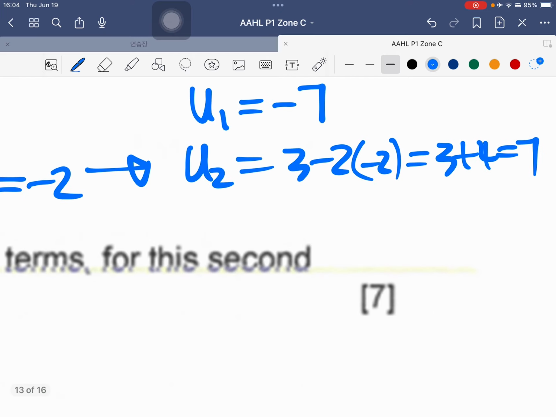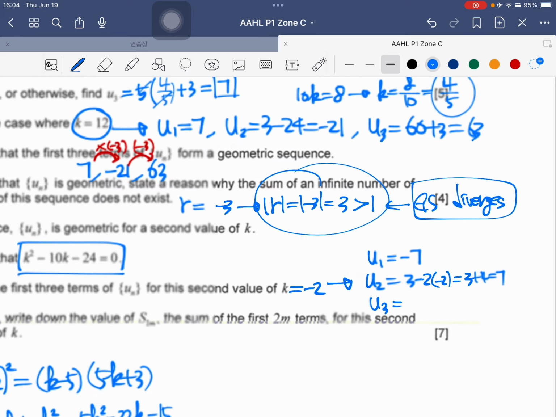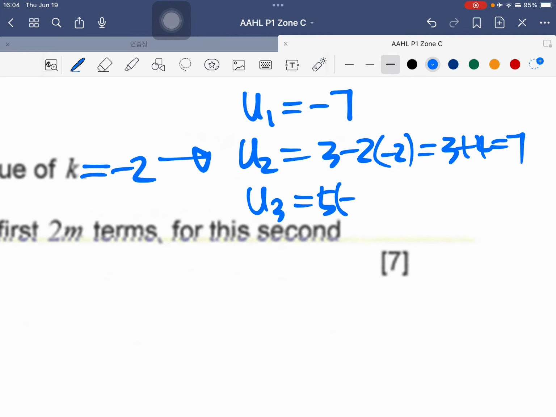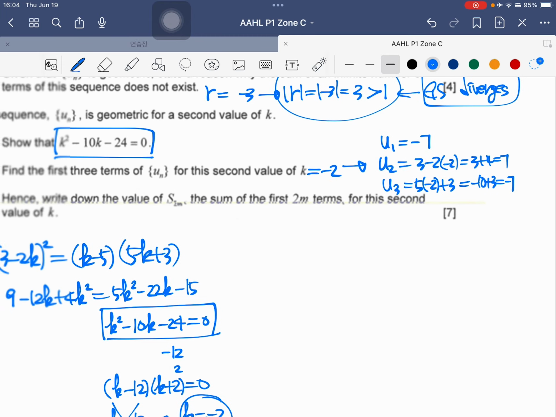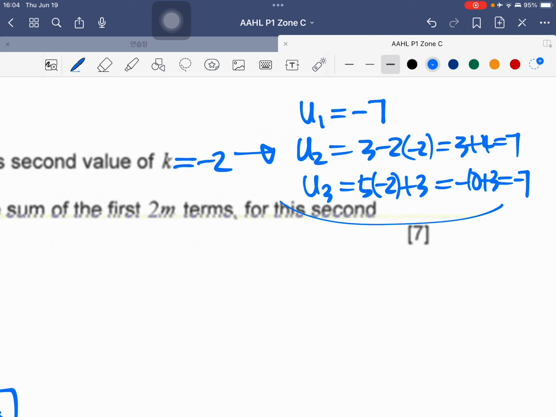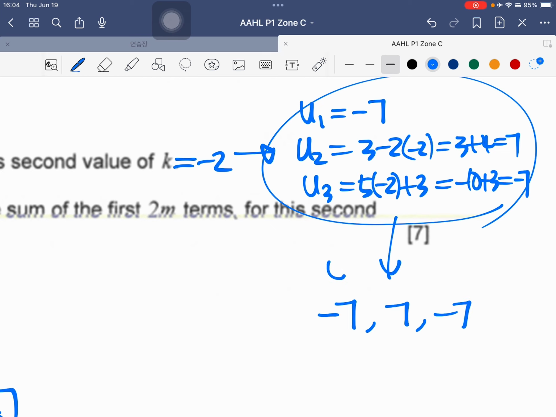And u3 is 5k plus 3. 5 times negative 2 is negative 10, plus 3 is negative 7 again. So u1, u2, u3 are minus 7, 7, minus 7. This is the answer.